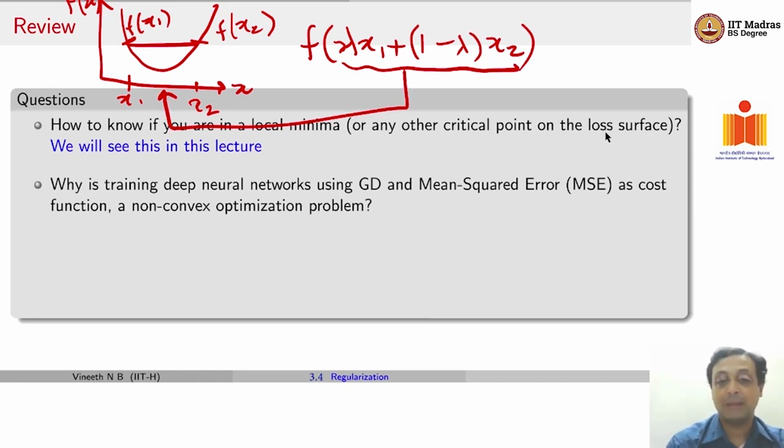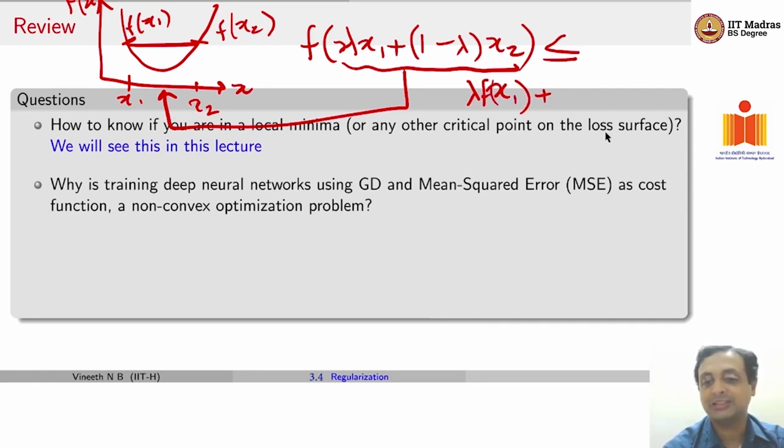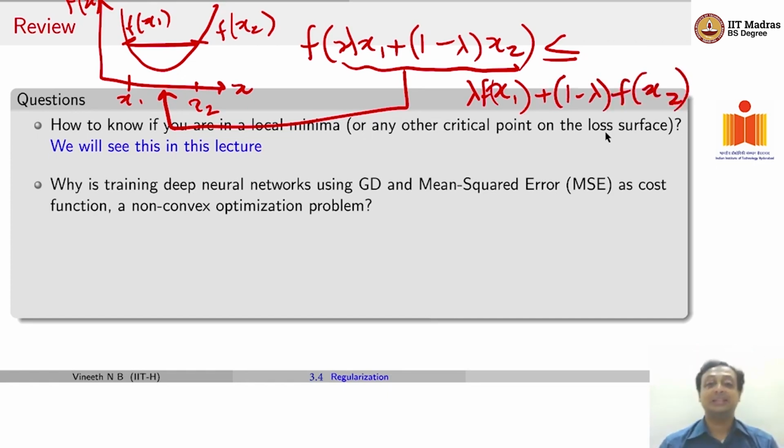So f of lambda x1 plus 1 minus lambda x2 will always be less than or equal to lambda f of x1 plus 1 minus lambda f of x2. That's the definition of a convex function. So clearly a non-convex function is one which is not convex.